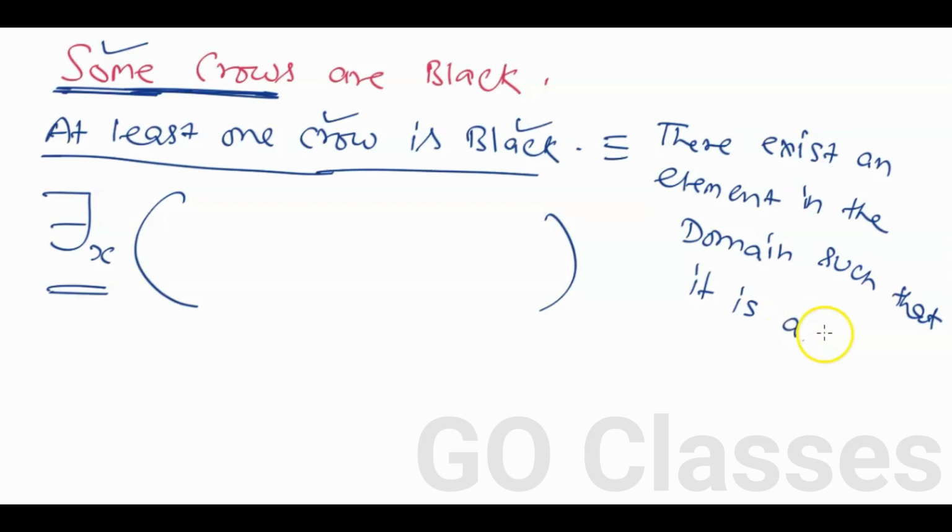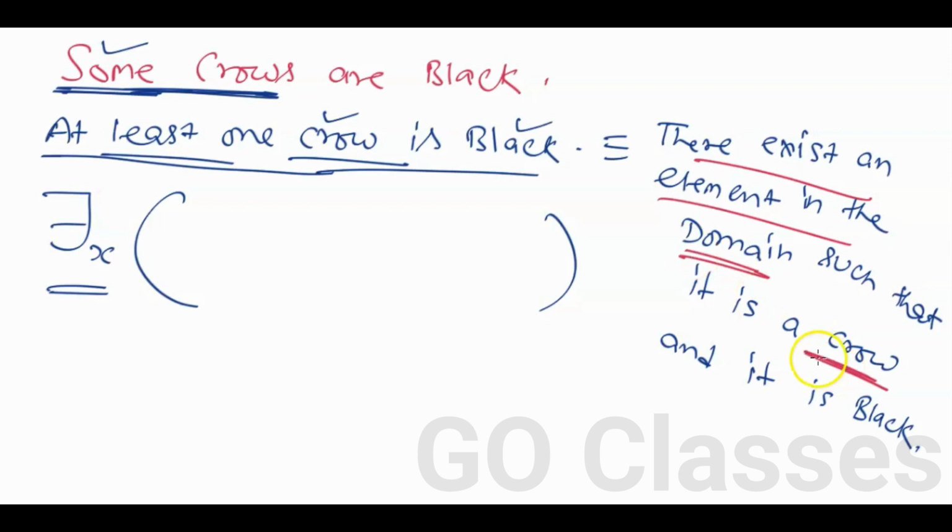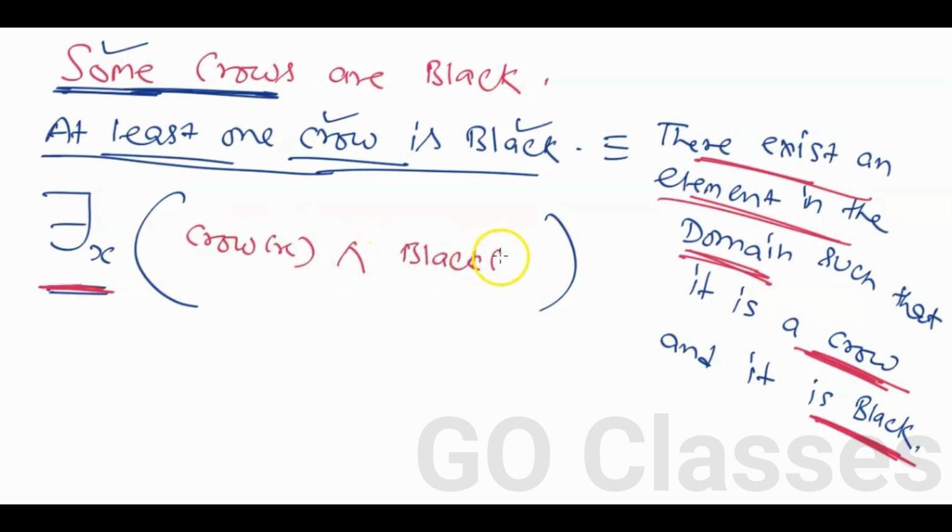You can see this statement, at least one crow is black. It means there is some element in the domain such that it is a crow and it is black. It means there is a crow who is black. It means there exists x such that this x is a crow and it is black. So this is the correct translation of this statement.